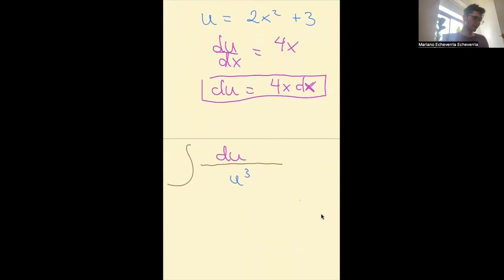And then this one is rewritten this way. U to the negative 3 du.